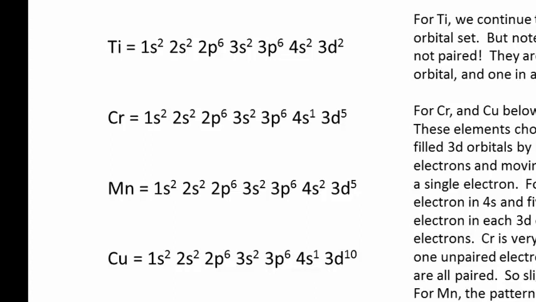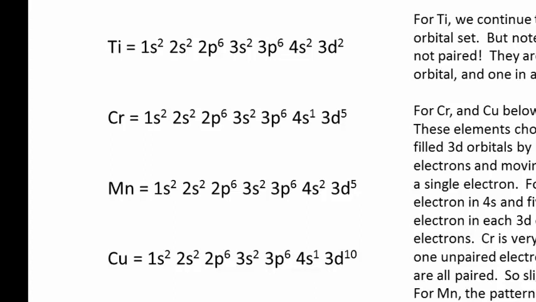So in chromium, we wind up with 1s2, 2s2, 2p6, 3s2, 3p6, 4s1, 3d5. We have as many as 6 unpaired electrons in chromium, that is the 1 in 4s1 and the 5 in 3d5. Very paramagnetic.